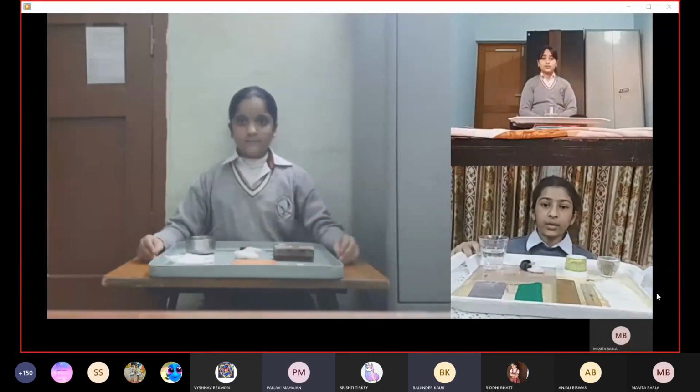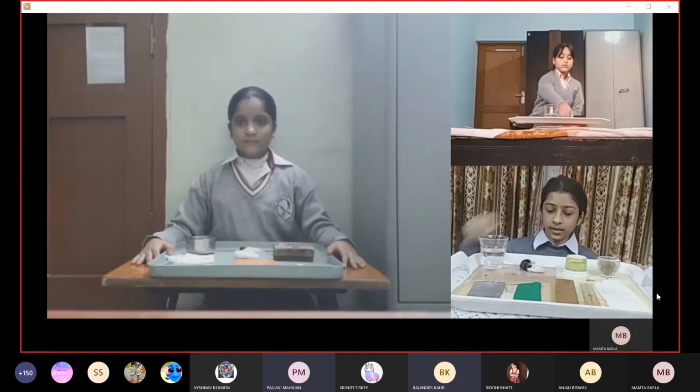On the tray, we will put all the things. With the help of a dropper, we will put a drop of water on each of the things.